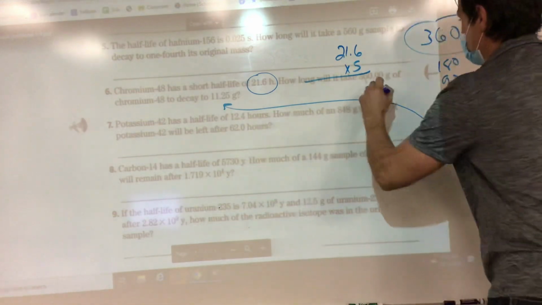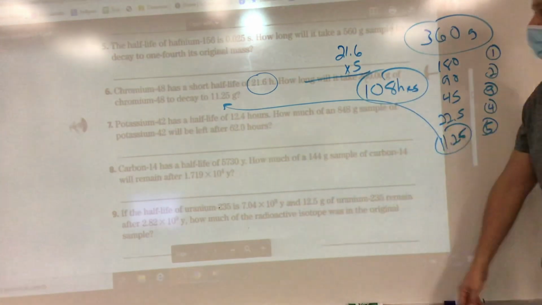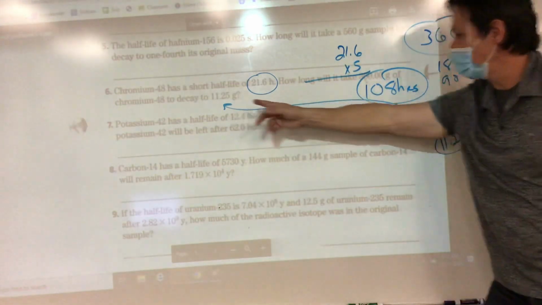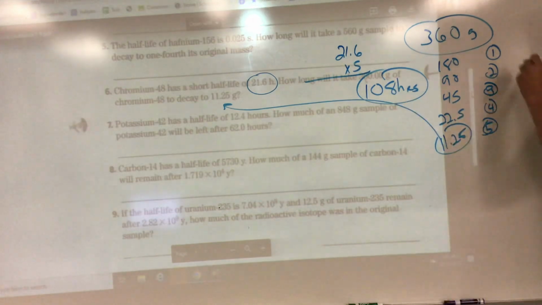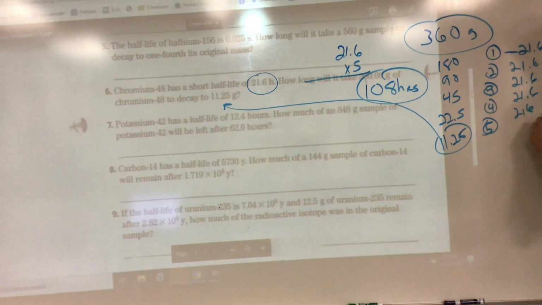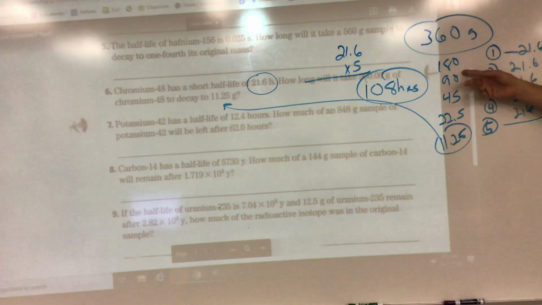If I plug it in my calculator, I came up with 108 hours. So what that is saying is that when this thing went from 360 to 11.25, it took 108 hours, because each one of these times is 21.6, 21.6, 21.6, 21.6, 21.6. I add that all up, that's 108. So every cycle of 21.6 hours, half the sample went away.